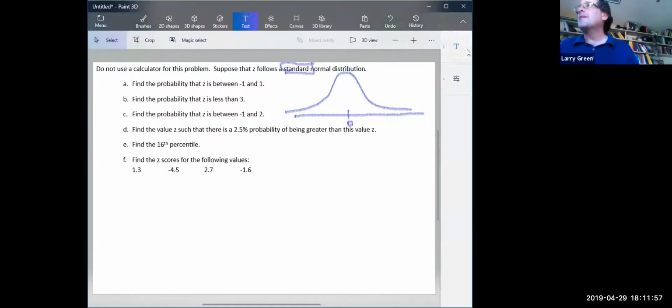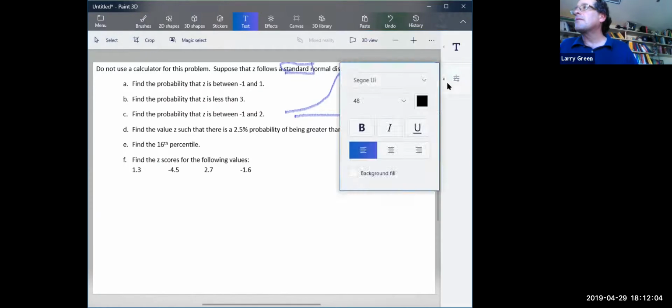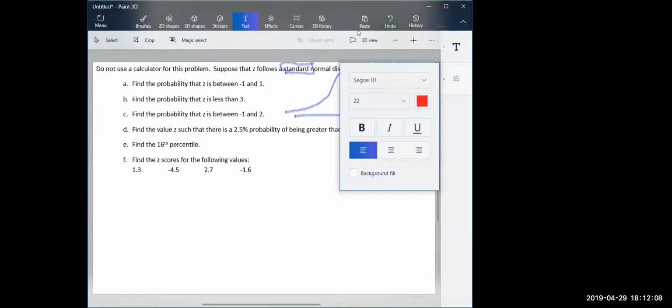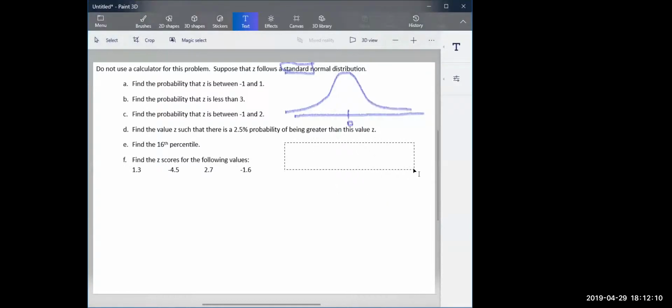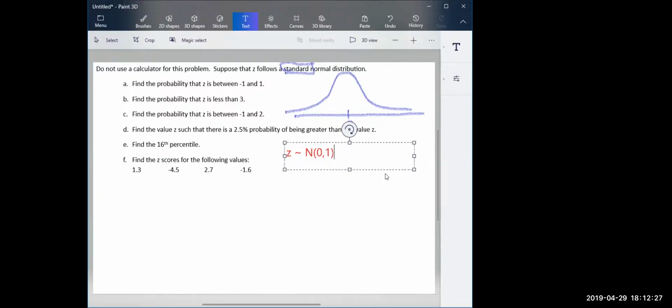I don't think I did it for the uniform because the uniform has some similar notation. Is we say Z, again, we use this letter Z, then you put a tilde. N stands for normal, and then you write down the mean of the distribution, which in this case is 0, and then you write the standard deviation, which is 1.